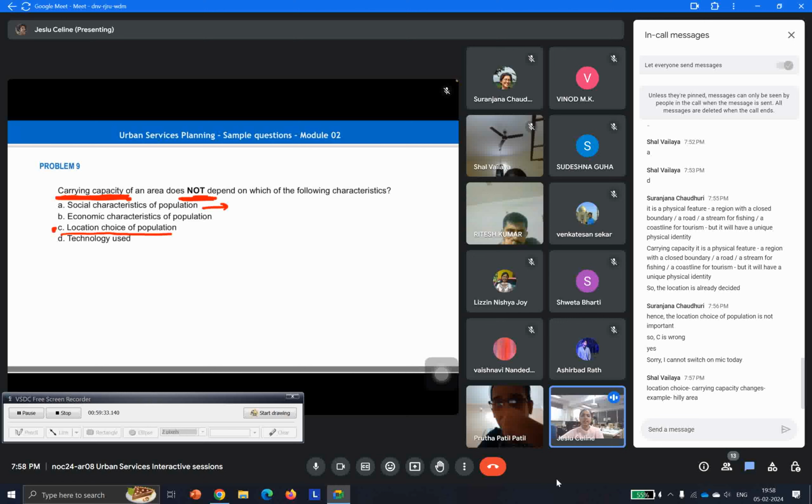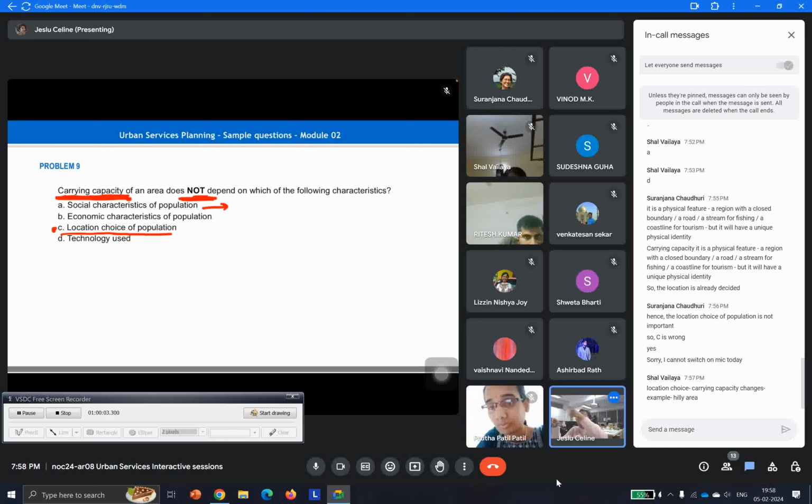As rightly said, this is the entire region. So by carrying capacity, you're talking about the ability of the region to support. Now, where people live, that location choice does not influence the carrying capacity, because what mainly influences carrying capacity is the social background of the people, the economic capability of the people, what facilities there are, or whatever technology is there.